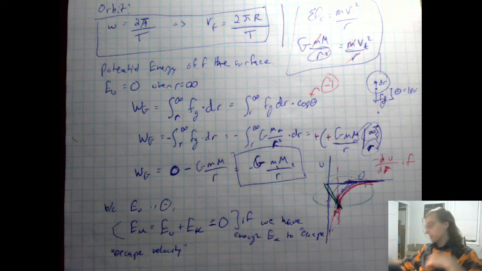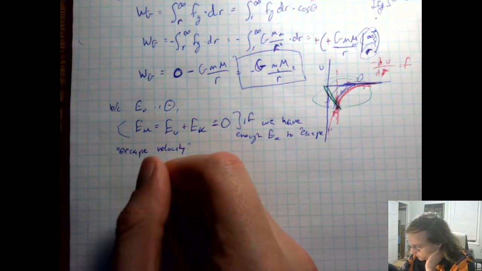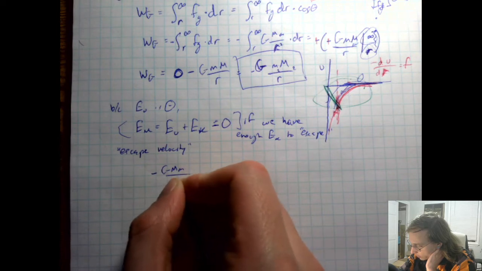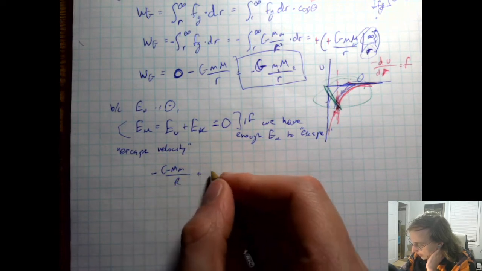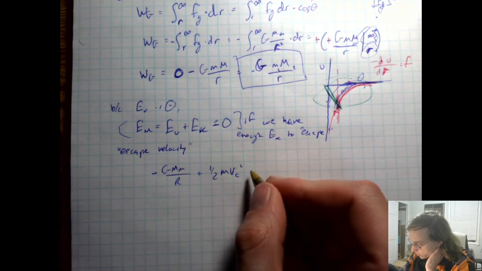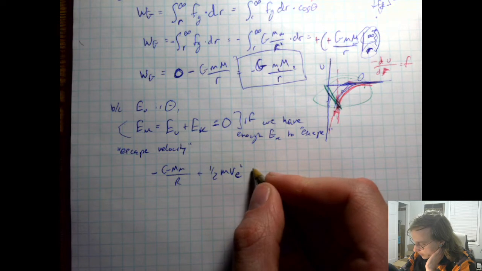Actually finding escape velocity. So our potential energy here is going to be negative GMm over r. Our kinetic energy is going to be 1/2 m v tangential squared, or the escape velocity squared.